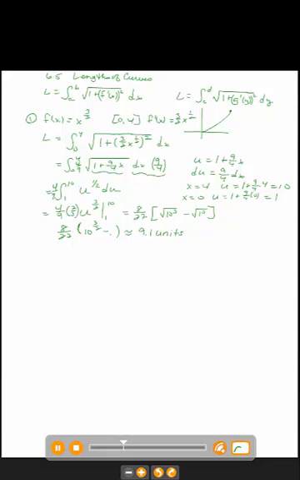Let's try example 2. Example 2 says f of x is x cubed plus 1/12x. They want the arc length from 1 half to 2. If you graphed it, it has a fairly smooth curve, but it looks a little weird.